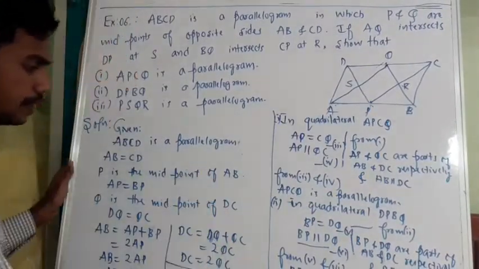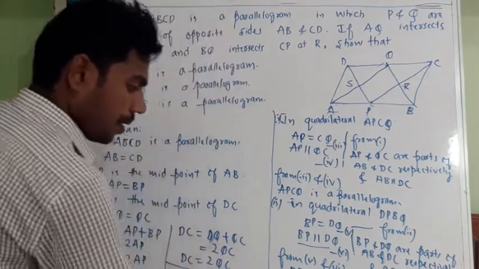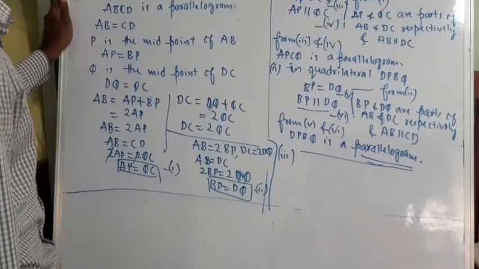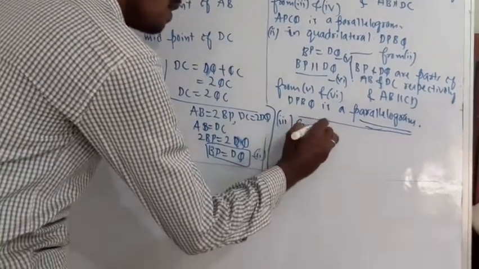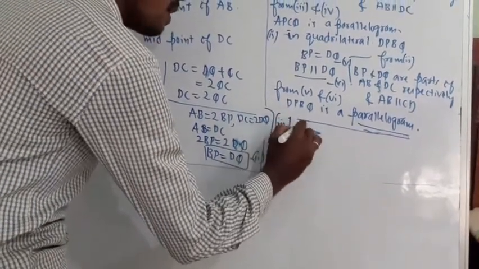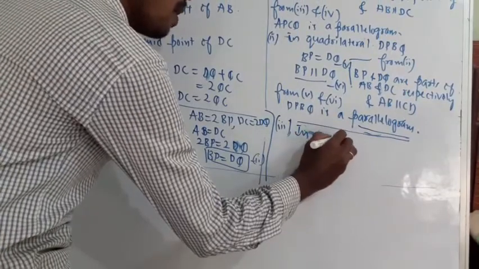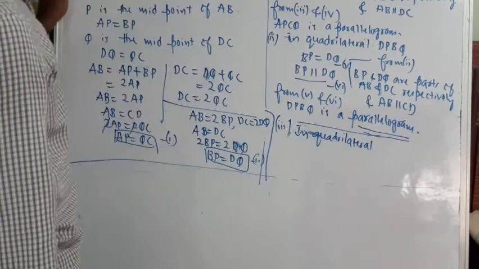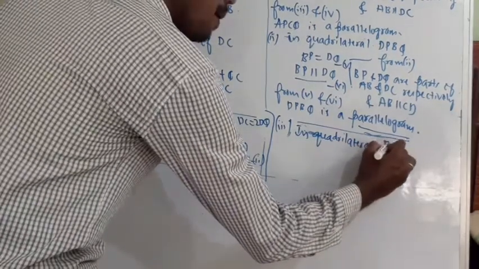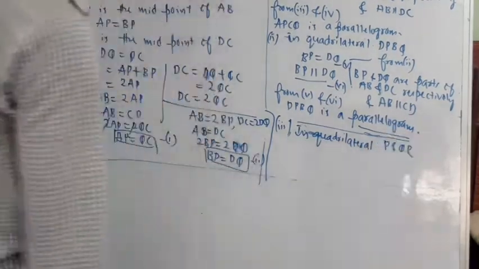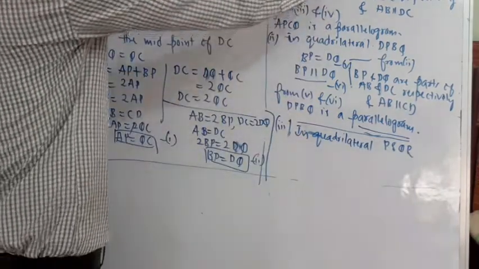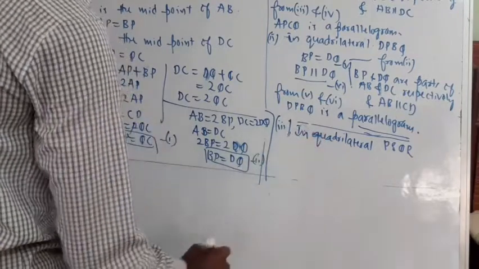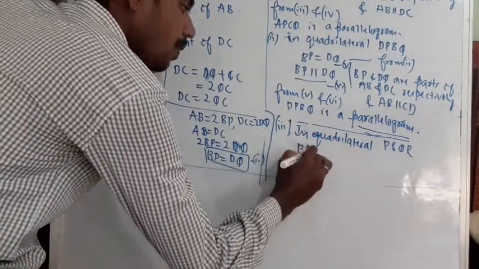See, next the third one. So the third one I'll prove here. Consider quadrilateral PSQR. In quadrilateral PSQR, what can I write? I can say PS is parallel to QR.